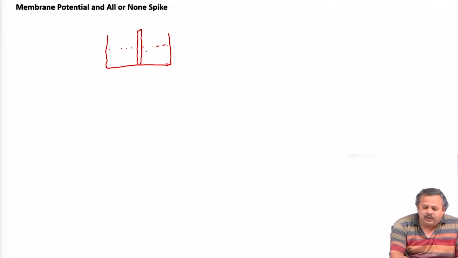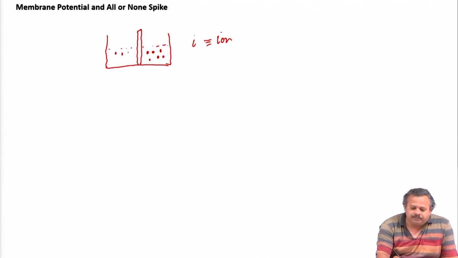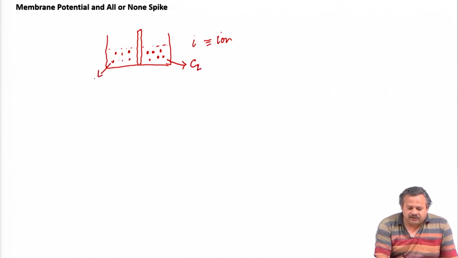Let us say we have a particular type of ion I on one side, and the same ion on the other side, but on the right hand side it has a concentration of C2, and on the left hand side it has a concentration of C1.